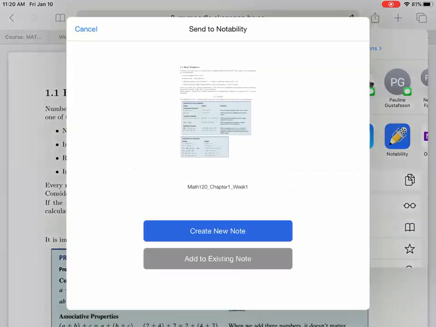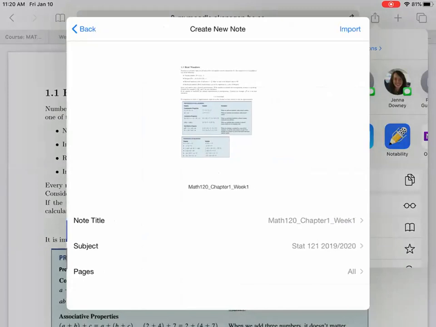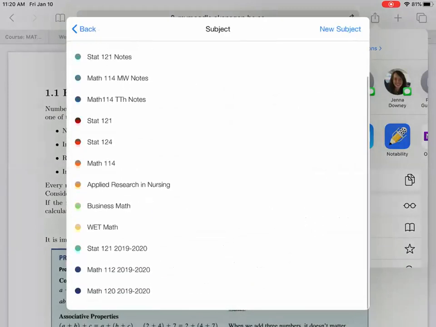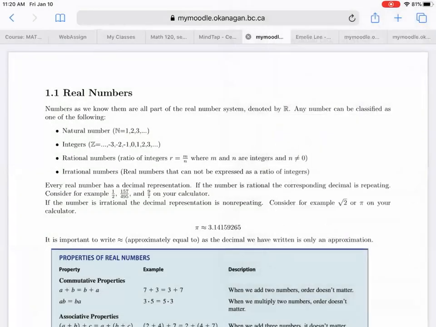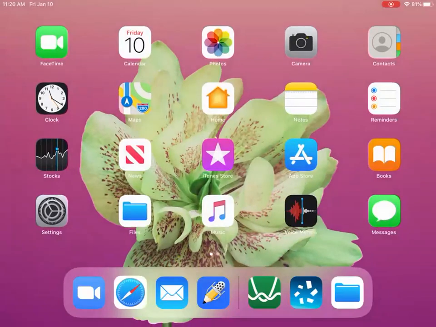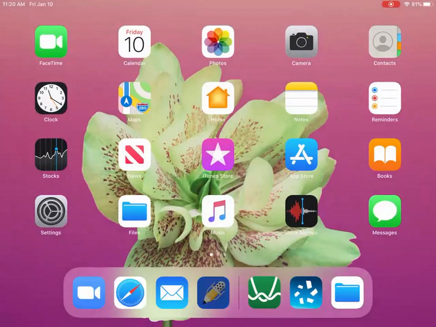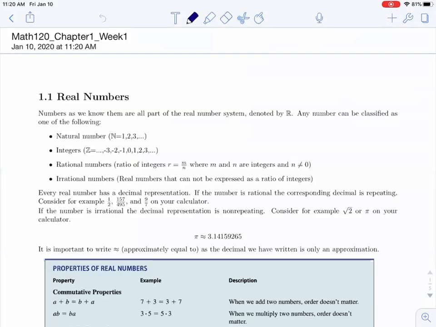Okay? So this one, I want to go here, create a new note. I work in Notability, but I'm thinking about switching to OneNote. Has anyone used either of them?